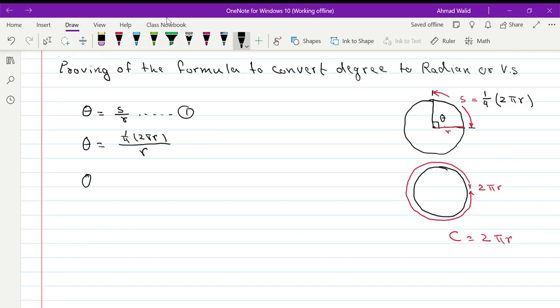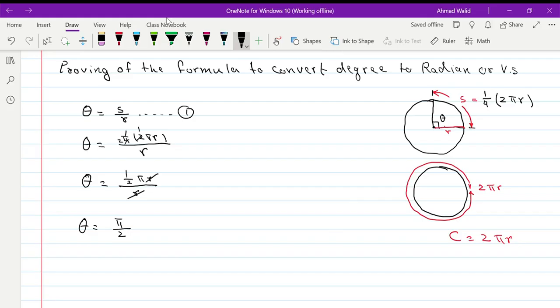Then I can say theta equals 1/4 of 2 pi r means 1/2 of pi r, right? 1/2 pi r over another r, correct? This r cancels out with this r, then theta equals pi over what? 1/2 of pi or pi over 2.